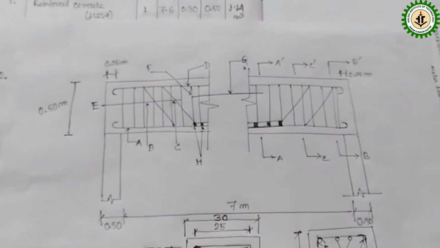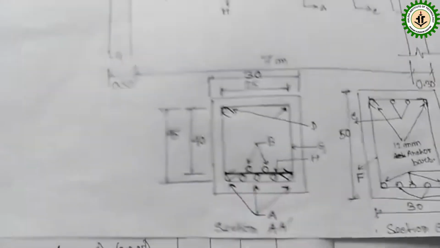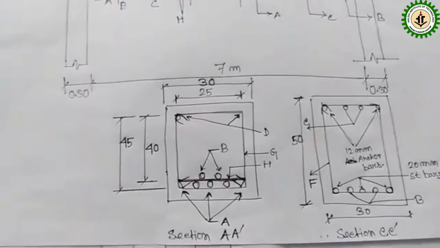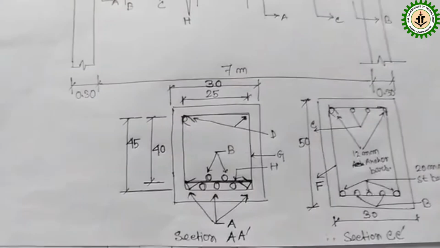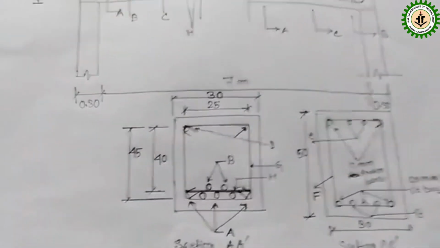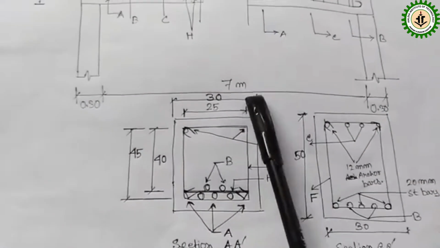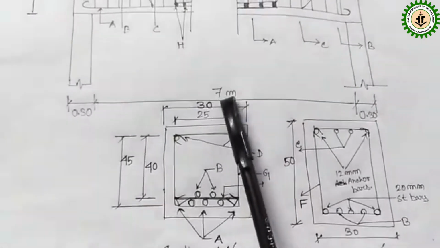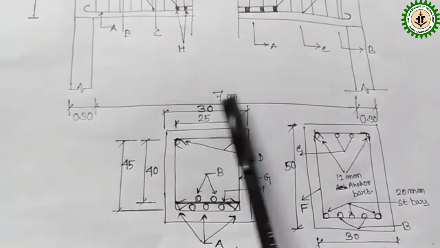Okay, so from section A dash we will get the width of the beam also. This is the width of the beam, and that is given as 30 centimeter, that means 0.30 meter. In this section, all the dimensions are given in centimeters, and whatever is given in the plan is all in meters.